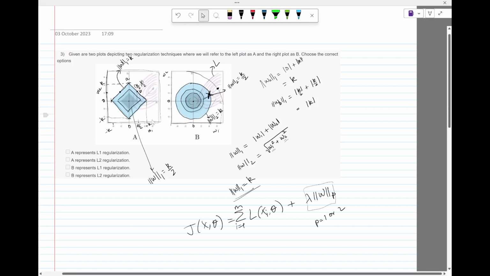So what we can say from these two plots is A represents L1 regularization and B represents the L2 regularization.